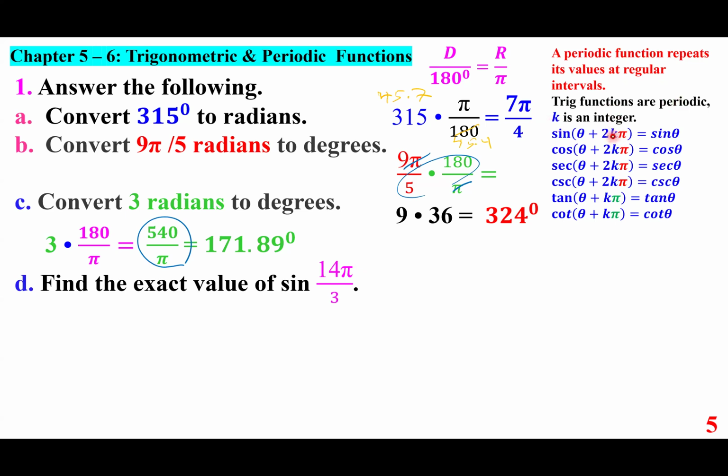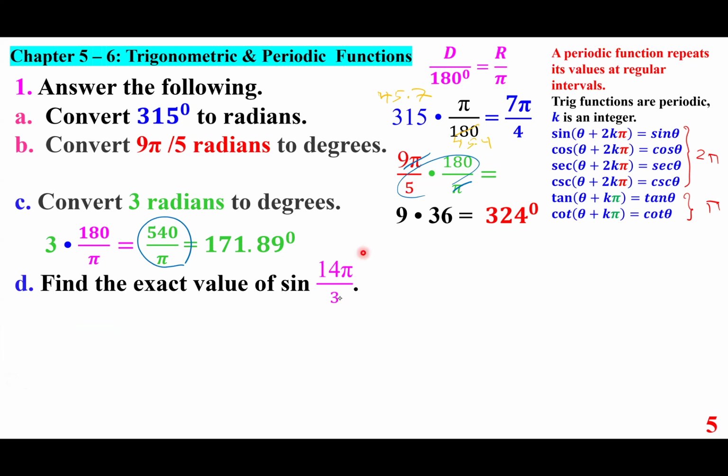The k that we are using, or sometimes n, even i in some instances, represents an integer. So for sine, and therefore cosine, secant, and cosecant, the period is 2 pi, whereas for tangent and cotangent it is just pi.